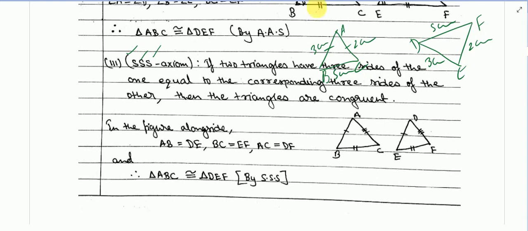The reason is AB 2, here EF 2; BC 5, here DF 5; AB 3, so here we have DE 3. By the condition side side side, these two will be congruent.